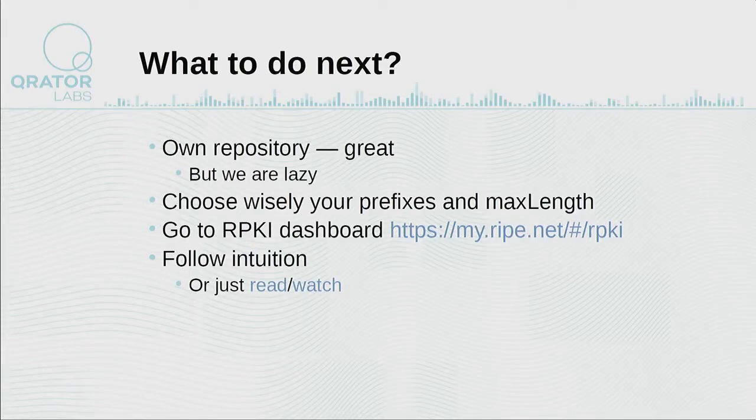So the first problem is to wisely choose which prefixes and which max lengths you want to sign. And there were problems that were described before. There is a dilemma between good cases and hijacks. Then you just need to follow the RPKI dashboard, and they have really great UX in it, and just follow your intuition, and it will help you to sign your prefixes.